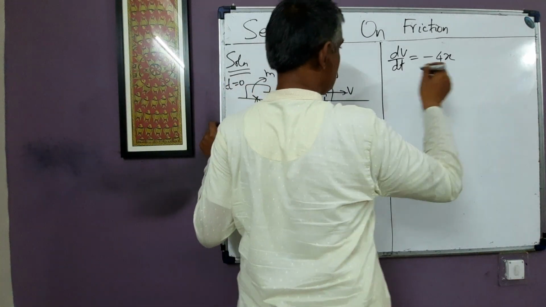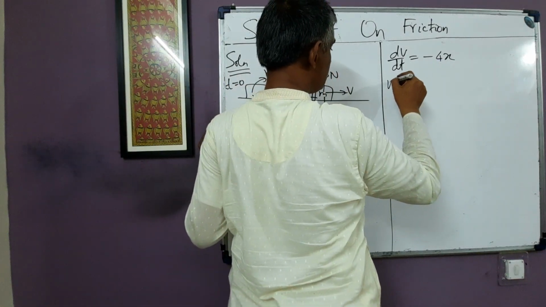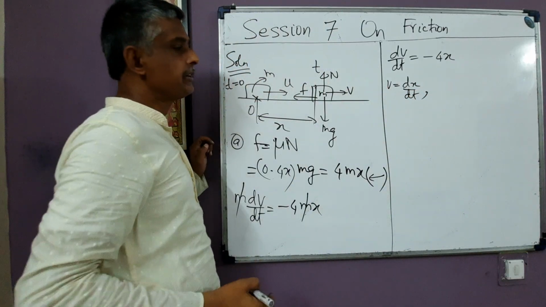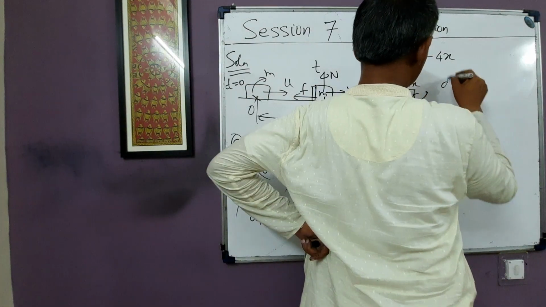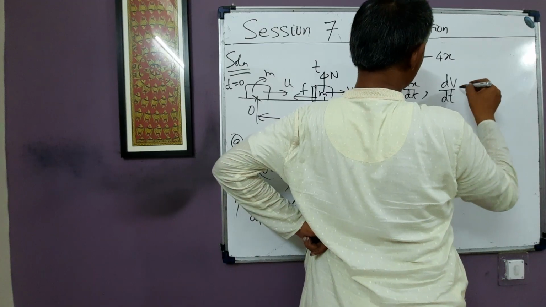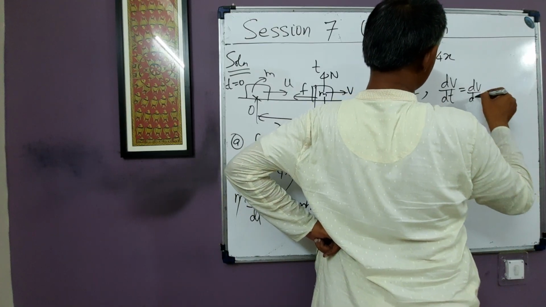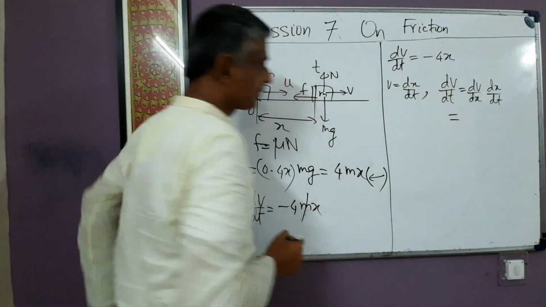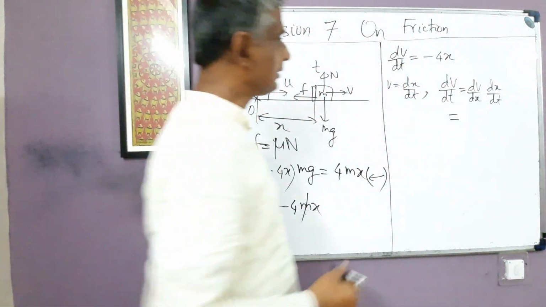Now v is just equal to dx by dt. Now dv by dt can be written by chain rule as dv by dx into dx by dt. Now dx by dt is just equal to v.